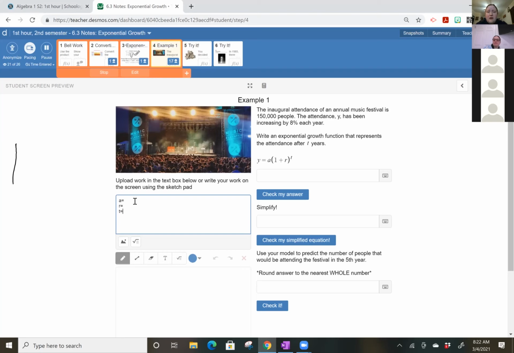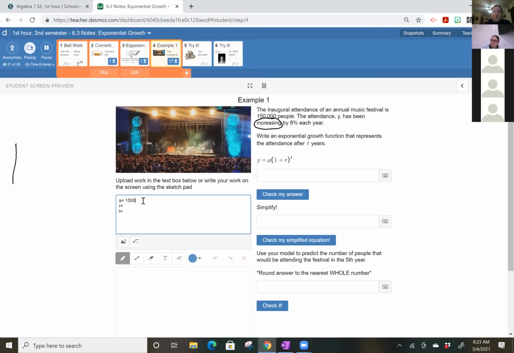All right, so it says the inaugural attendance of an annual music festival is 150,000 people. The attendance y has been increasing. So increasing, we're going to be looking for those words, by 8% each year. So we said our a value was our starting value. How many people did we start with here? 150,000. Yep.